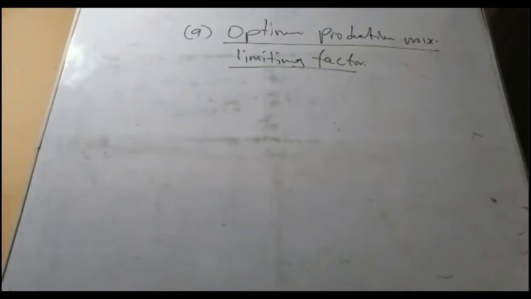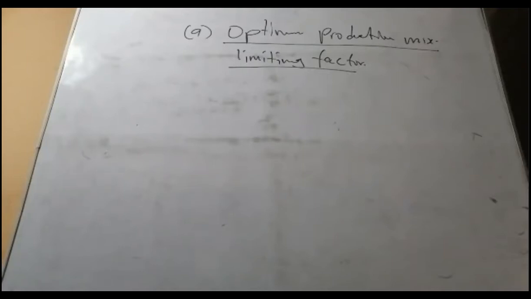There are 2 ways. In a question, either the examiner will determine the limiting factor for you, or you have to determine it yourself. In the first example that we looked at, example 4, the limiting factor was given to us. But in this particular question, the limiting factor is not there, so we have to calculate it ourselves. Look at how we are going to determine the limiting factor.